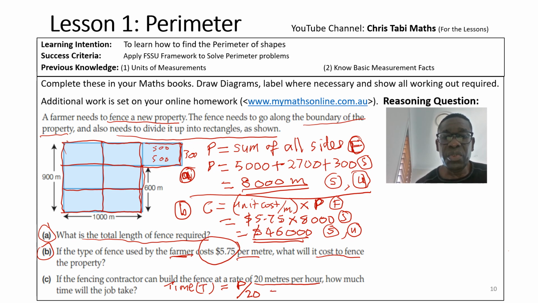So we need to do the substitution, which is 8,000 divided by 20. And we need to simplify that, and that gives us 400. And the units, hours.